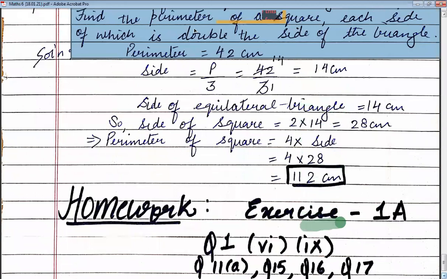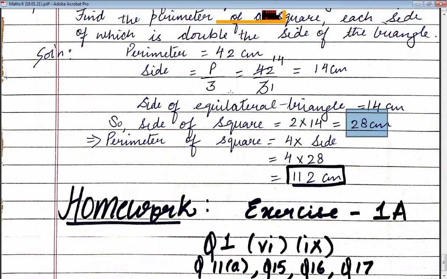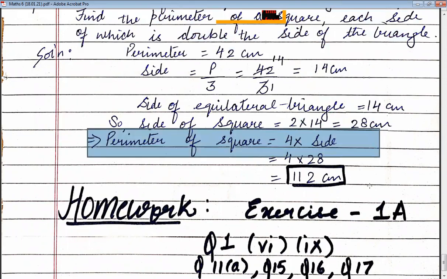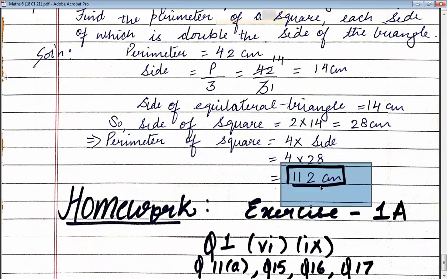So now children, you have the side of the square as 28 centimeter. So now there is no problem. You can find the perimeter of the square because you know the formula. Perimeter of the square is 4 multiply side, that is 4 multiply 28, and the final answer is 112 centimeter.